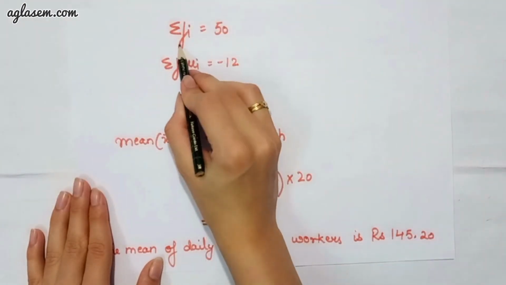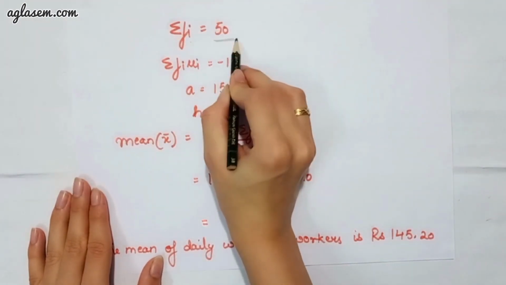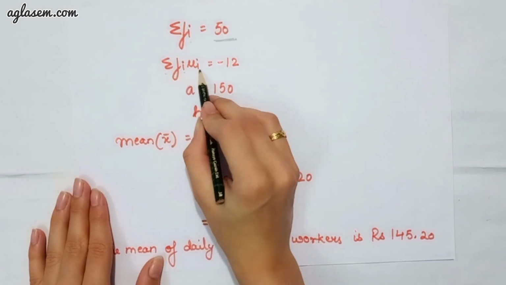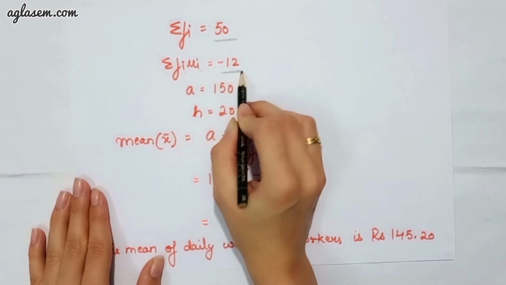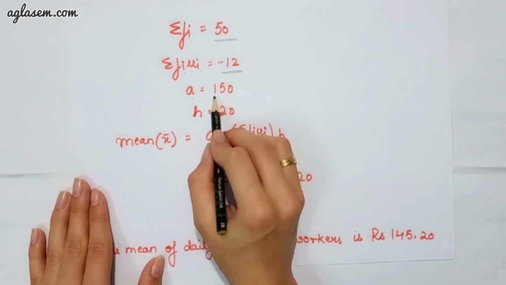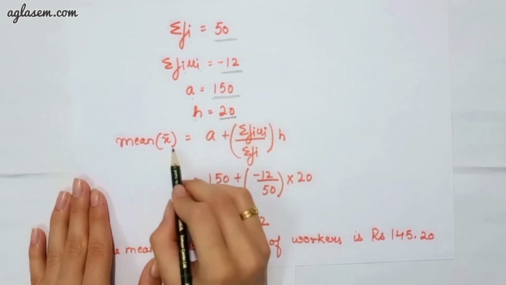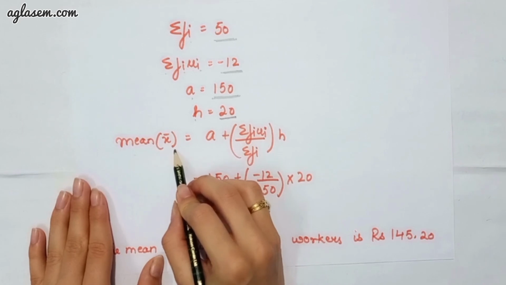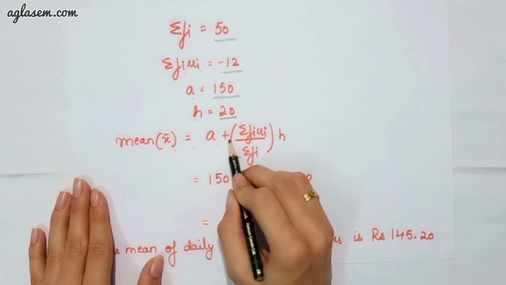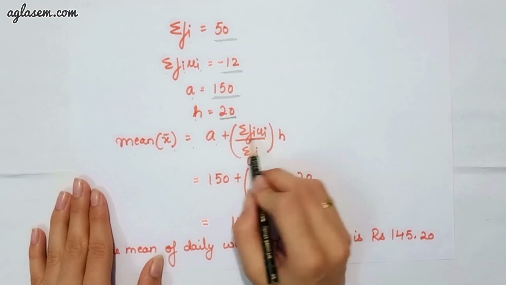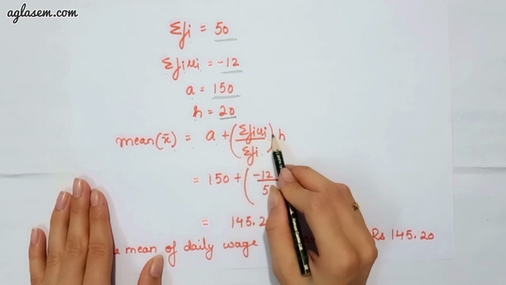Solving, summation fi is 50, summation fi ui is minus 12, the assumed mean A is 150, and h is 20. Applying the formula, mean x bar equals A plus summation fi ui divided by summation fi, into h.